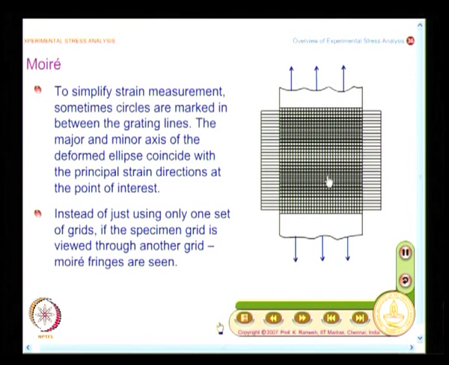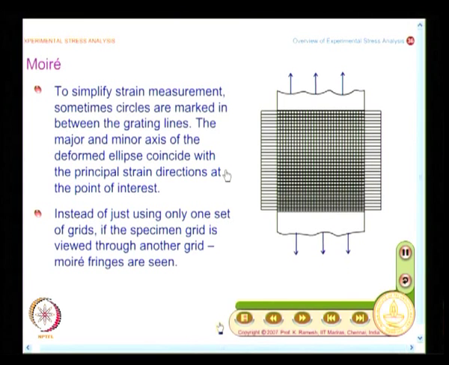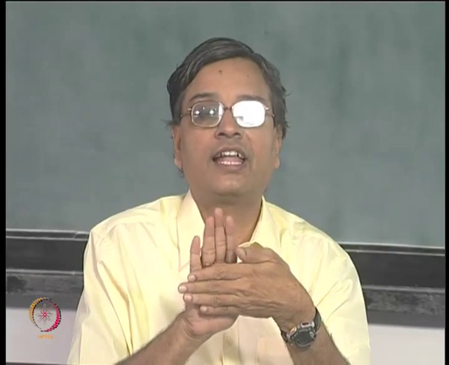I am able to see the fringes, they are horizontal fringes. So, people have used initially grids, then they improvised it and put within the grid a circle, you get a little more information from the deformed picture of the grid. Then they realized that if I put one grid on the specimen and view it by another grid, I get a little more information.